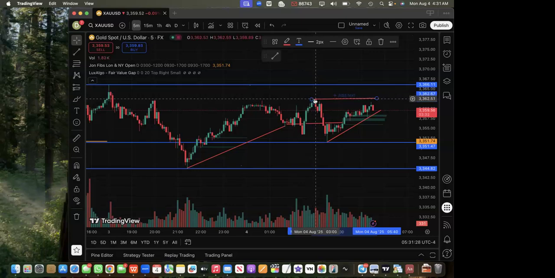So once price tests this place and breaks this point, we can set a buy limit, maybe set our take profit at 3366, and then set our stop loss somewhere below here.